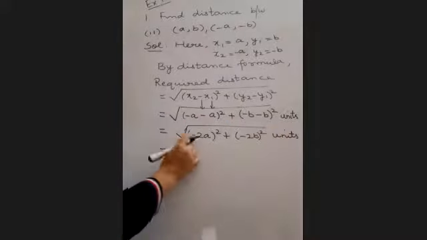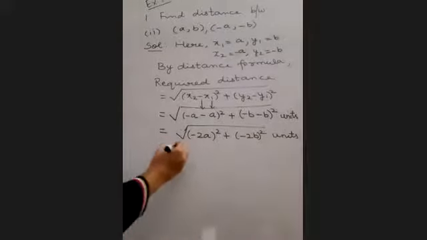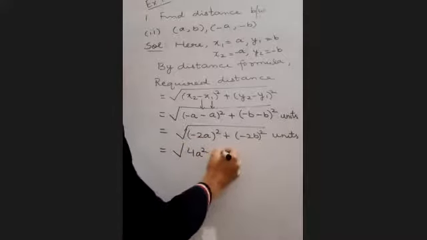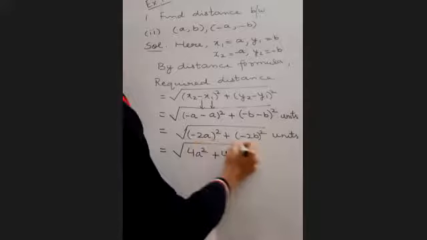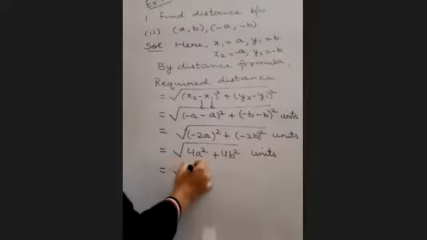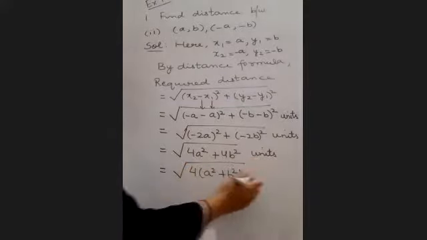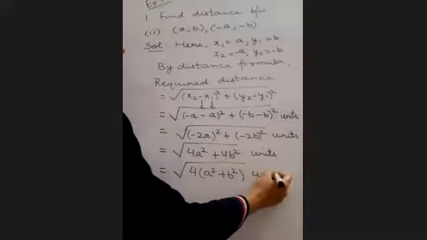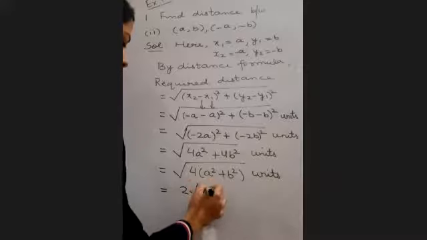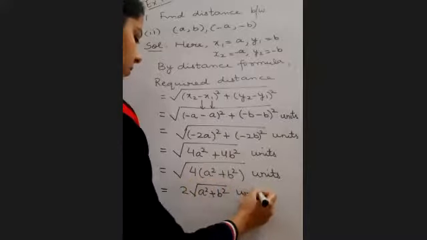What is minus 2A square? 4a square. And what is minus 2B square? 4b square. Anything that can be taken common? 4. And outside the root, 4 will become 2. So it is 2 under root A square plus B square units.